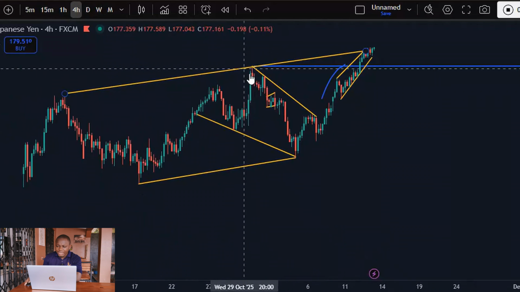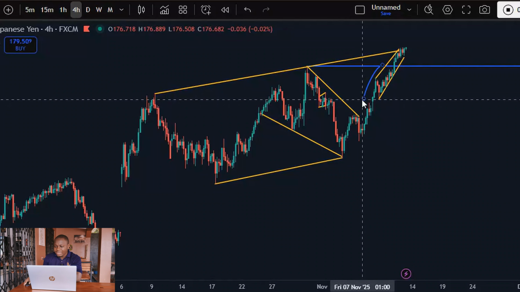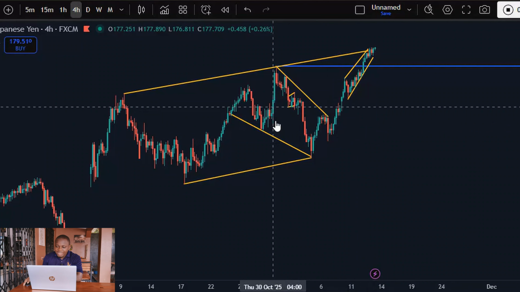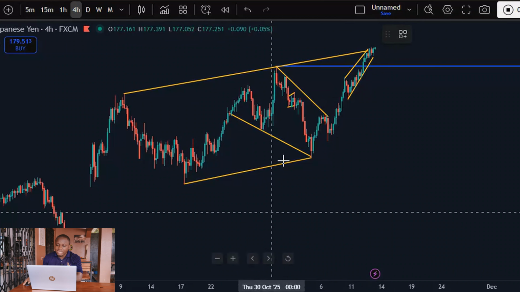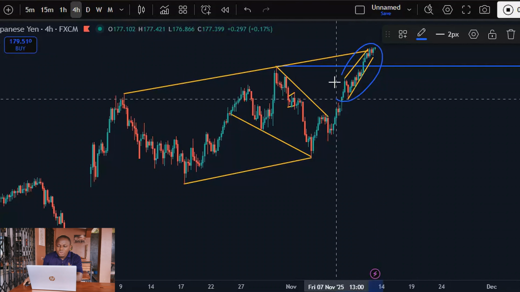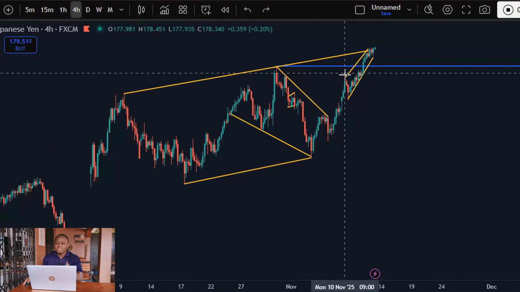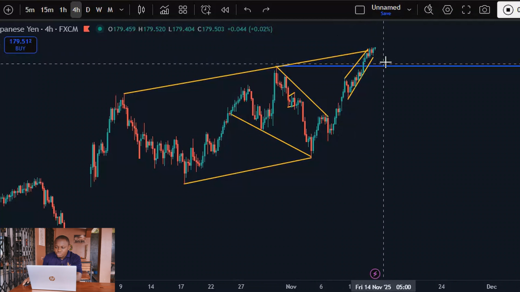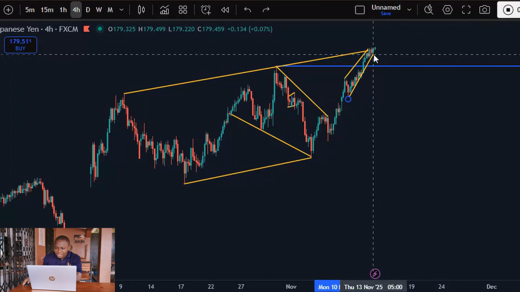Then if we move to the H4 time frame, how do I use it? I use the H4 time frame to confirm and support what I have already seen from the daily time frame. From this example, we can see on the H4 time frame we have this squeeze at the end of the run of this particular price, which gives us a confirmation.